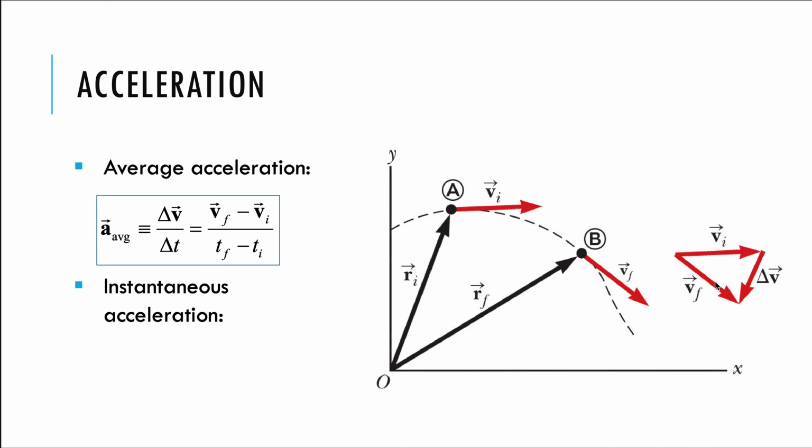If you subtract the vectors, you can do the same thing we just did and do vf, and then you can put negative vi this way, and use a tip to tail method to get the delta v going this way, which is the same thing that we get here. And so that means that the average acceleration of the particle as it's moving along this path is going to point in the same direction as the change in velocity.